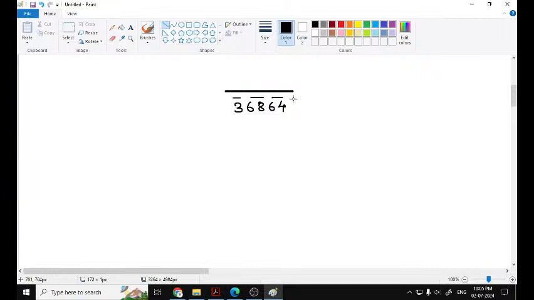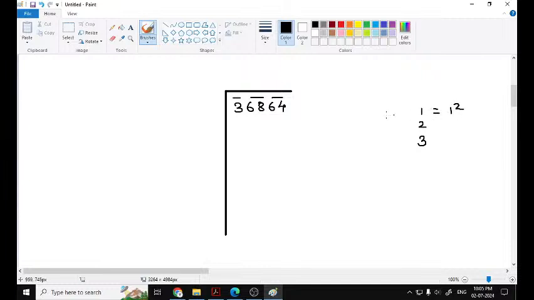If the digits are odd, the leftmost digit will be alone in that group or in that period. First period is 3. Find out a number which is a perfect square, smaller and also closer to 3. 3 is not a perfect square, 2 is also not a perfect square, but 1 is a perfect square.